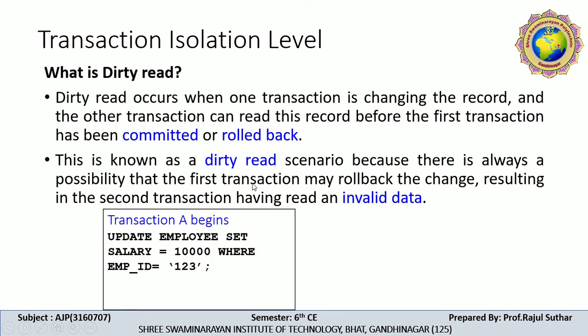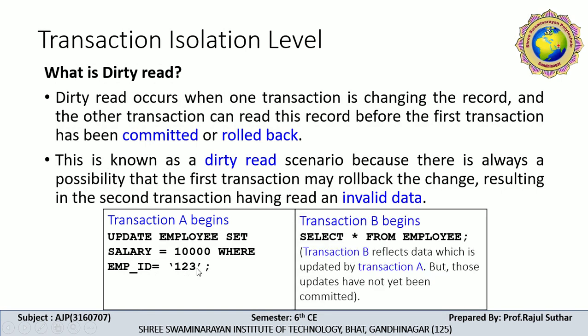Here is a simple example. Consider while we are updating the employee, transaction A begins: update employee set salary equal to 10,000 where employee ID is equal to 123, and transaction B begins: select star from employee, reading the data from employee.